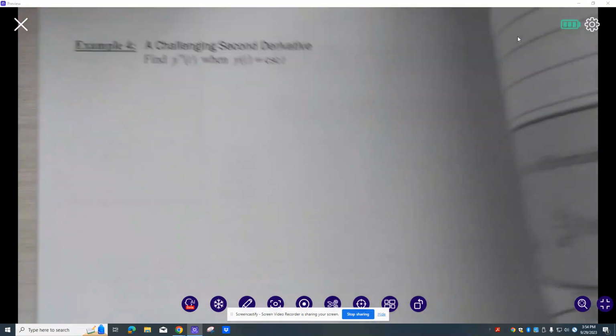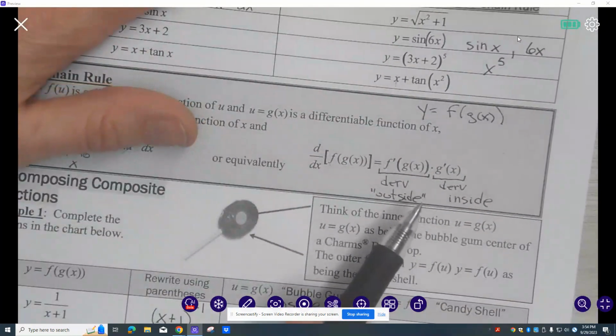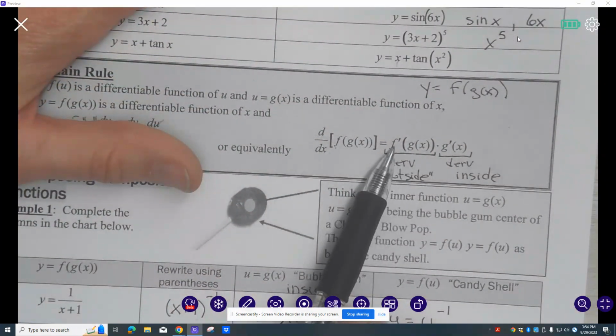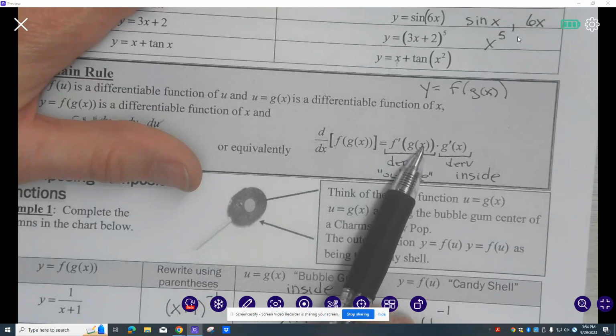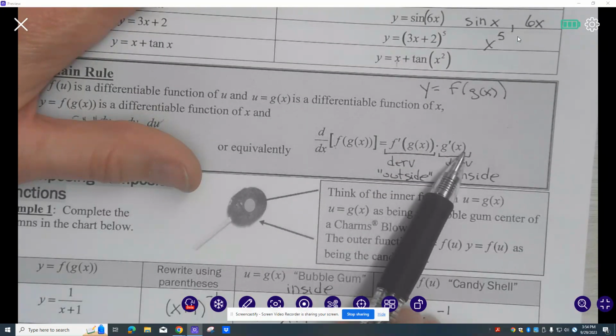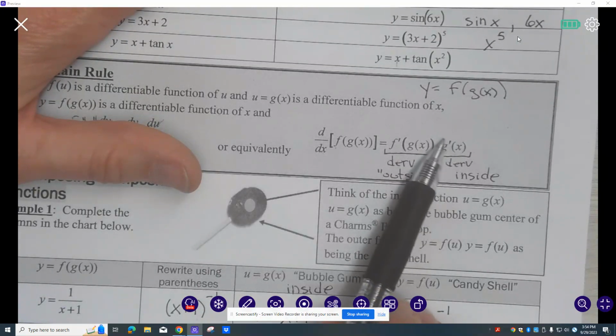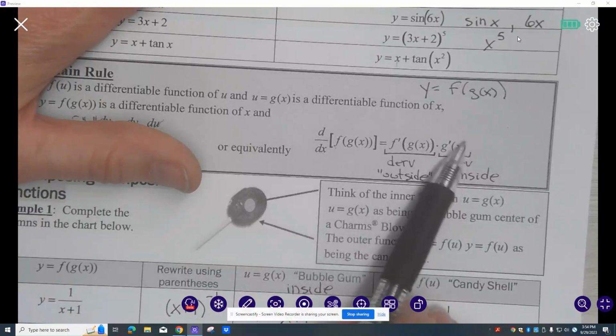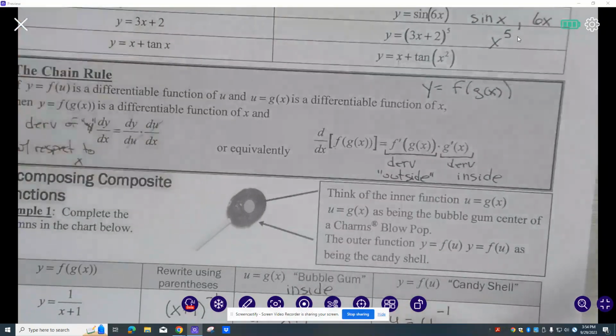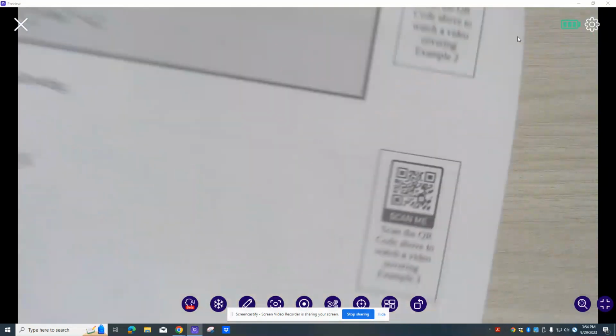Okay, now let me go back to this definition right here. So derivative of the outside with the inside unchanged times derivative of the inside. So now I want to take those two derivatives that I just took and multiply them together.